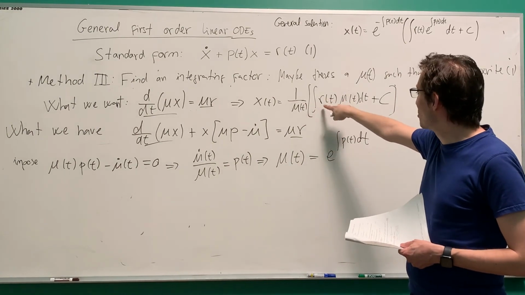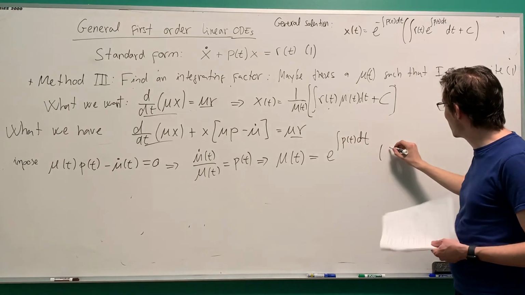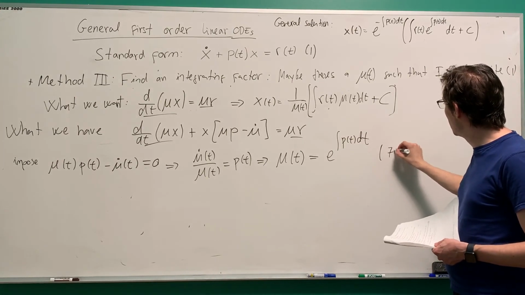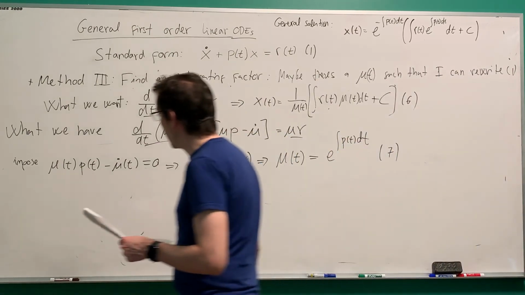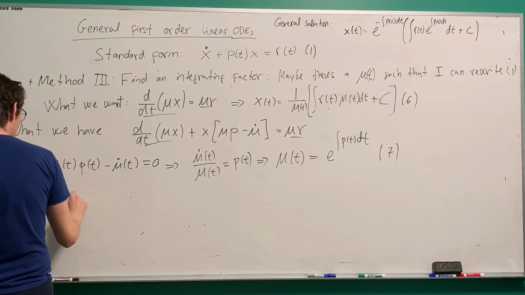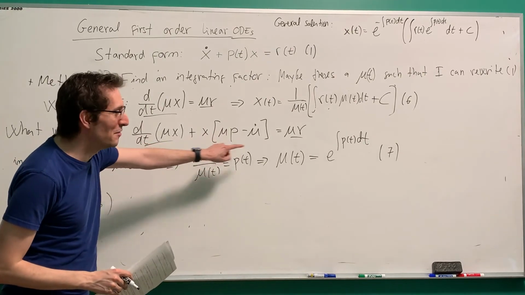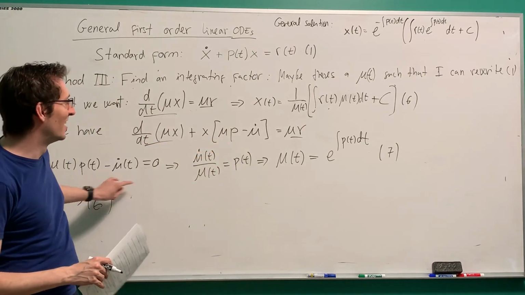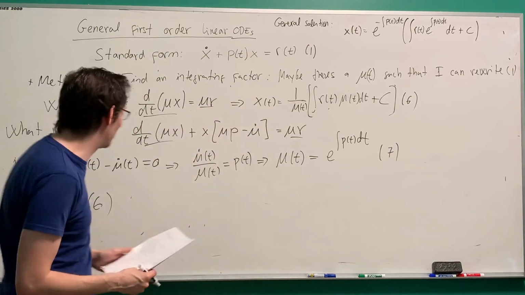So let's just write the solution of this form, substituting the integrating factor that we found. Let's call this now 7, and this 6, and then we're going to insert 7 in 6, which we can do because this term is 0 for the particular choice 7. Remember, this term is 0, so it has exactly this form. So x is exactly of that other form.